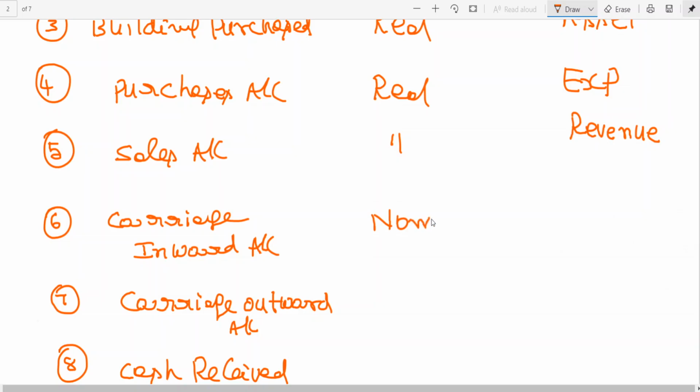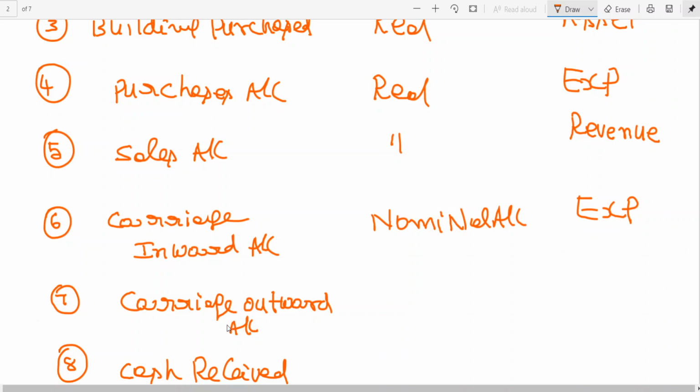This is a nominal account, and carriage inward is an expense. Carriage outward. See, nowadays we are having home delivery, free home delivery due to Corona. Supermarkets are coming out with offer. Book the product online. We deliver to your house at free of cost.